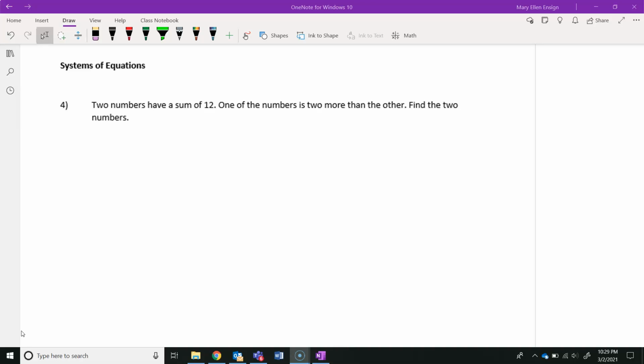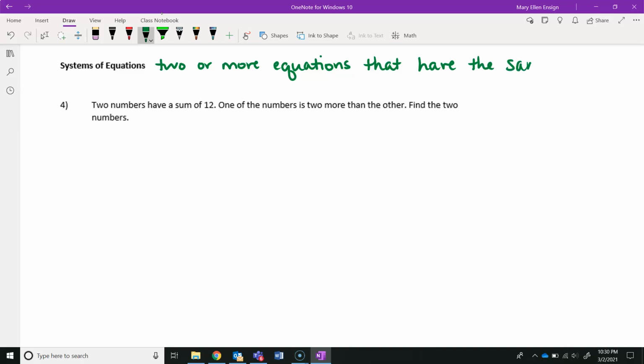Okay, and so a system of equations means two or more equations that have the same values for their variables.